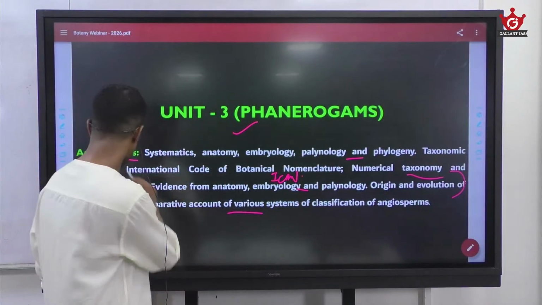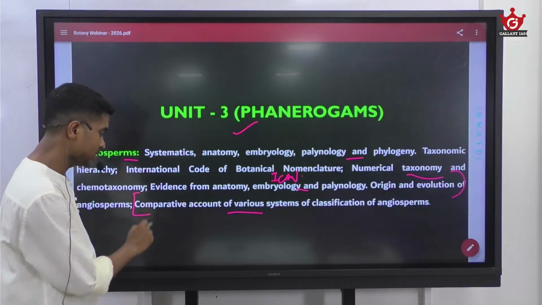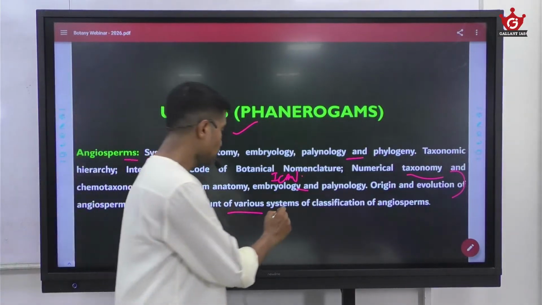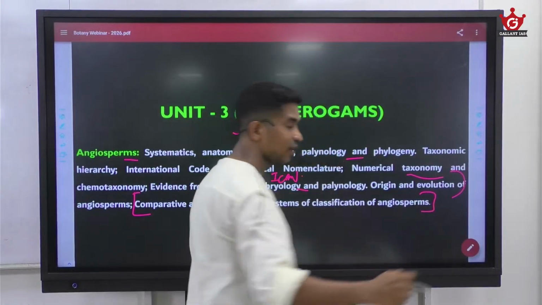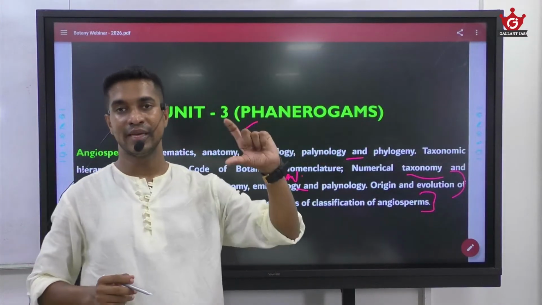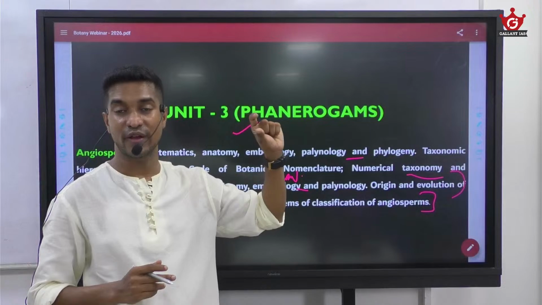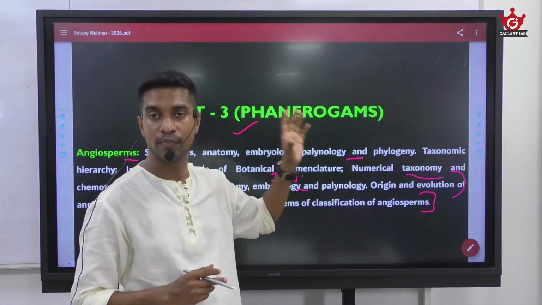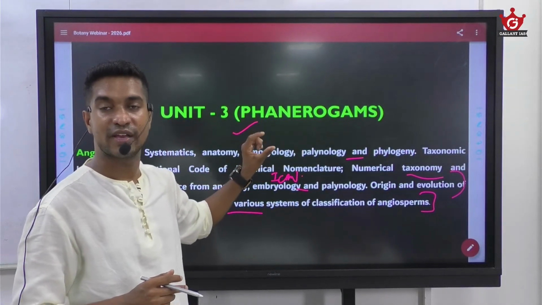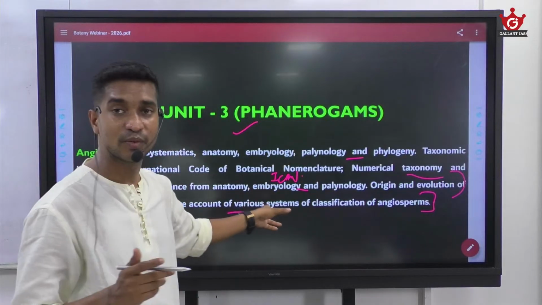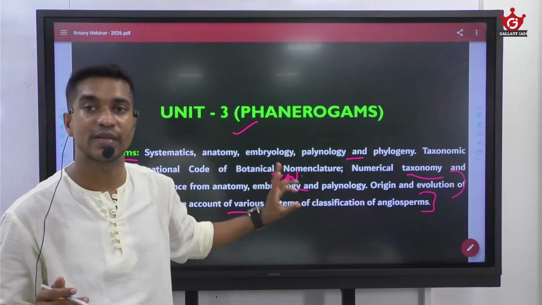Under the angiosperms, this is very much important: the comparative account on various systems of classification of angiosperms. The important classification systems of angiosperms that you have to study, you might have seen. This is one of the most important areas from which questions have been continuously asked.